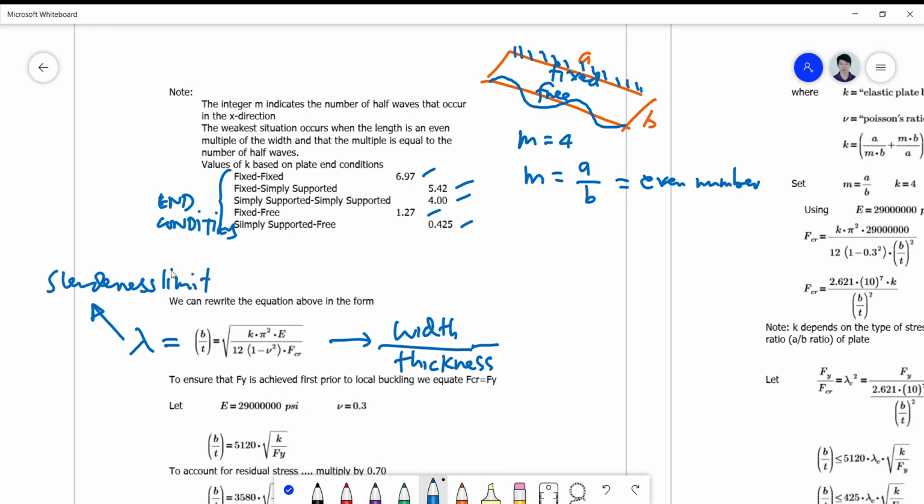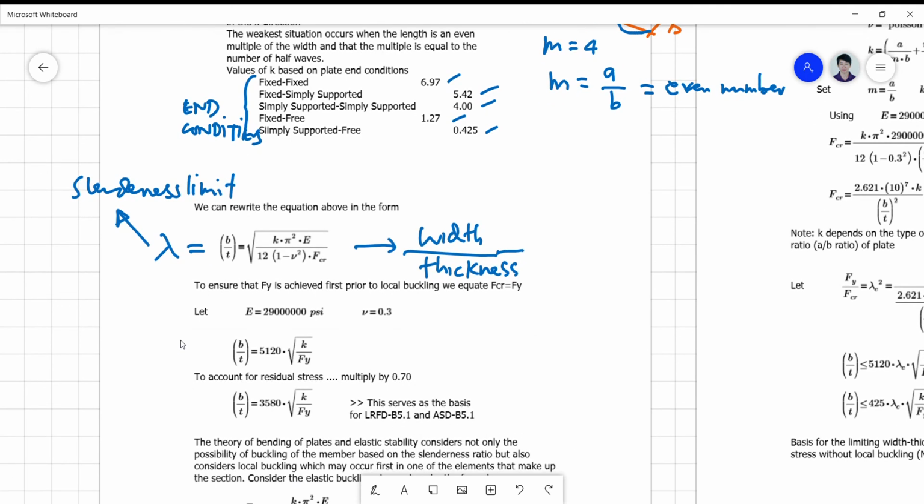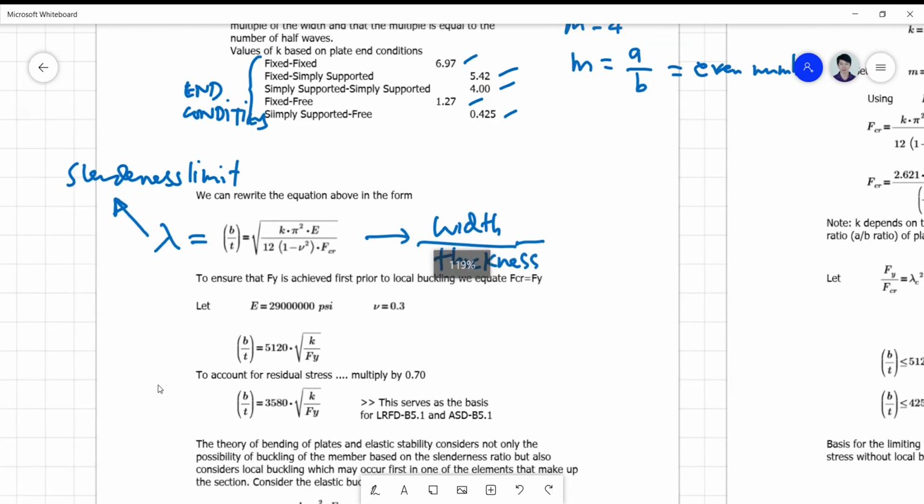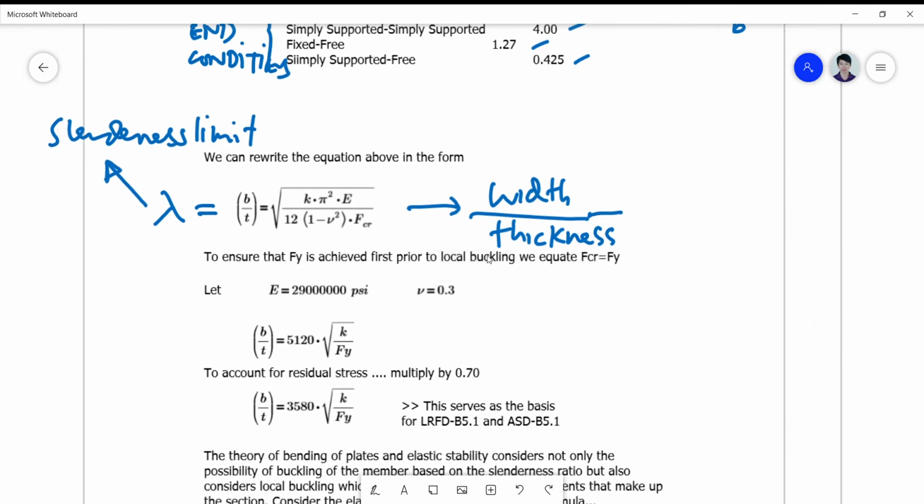So it is now derived using the formula for the local buckling stress, considering stability of plates is concerned. And to ensure that Fy is achieved first prior to local buckling, we simply substitute or insert the value of Fy to get the limit.